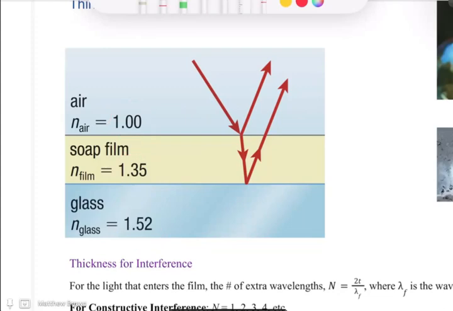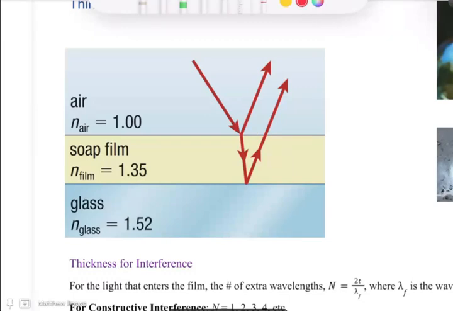Depending on whatever the indices of refraction are, soap is our thin film here, but it could be a really thin film of glass, and it could be soap or something on the other side. So you really have to pay attention to the order of the indices of refraction. Are we going up and up again, or what? Because that's going to influence what's happening here at the boundaries in terms of the reflected rays.